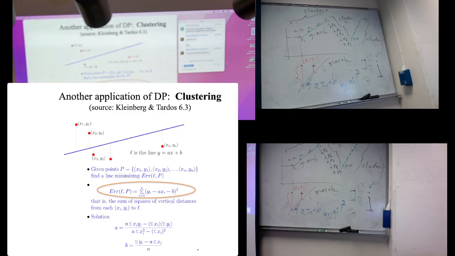Find the line that minimizes this number, and if you know how to compute the differential, the derivative, it's very easy. Since you are trying to find the line, it means find a and find b. If you don't know, that's fine. You're in your last semester.